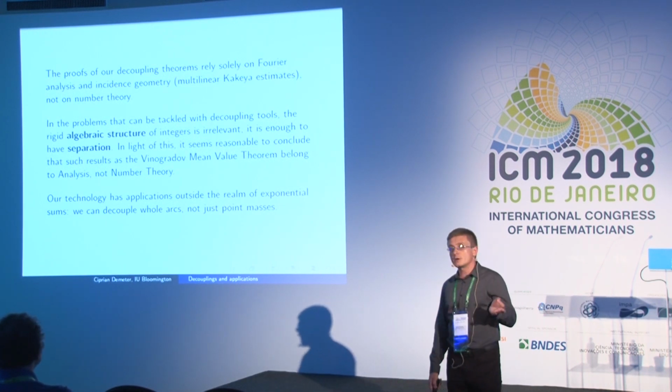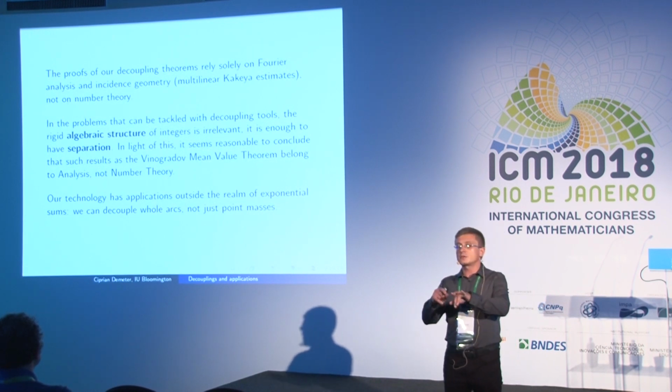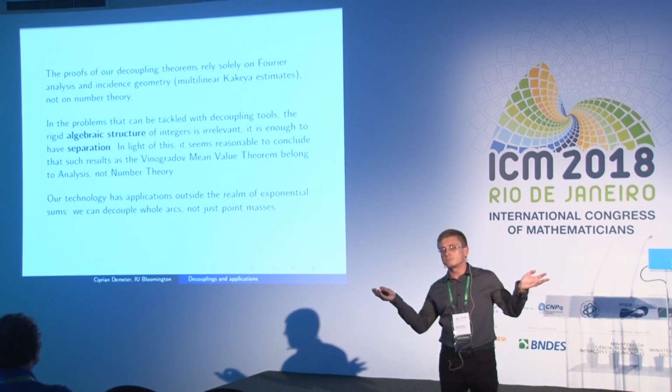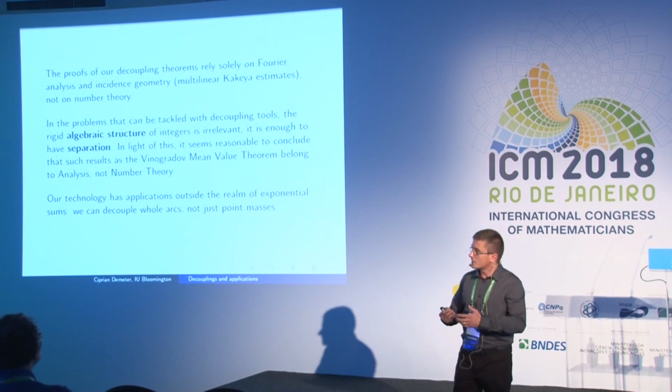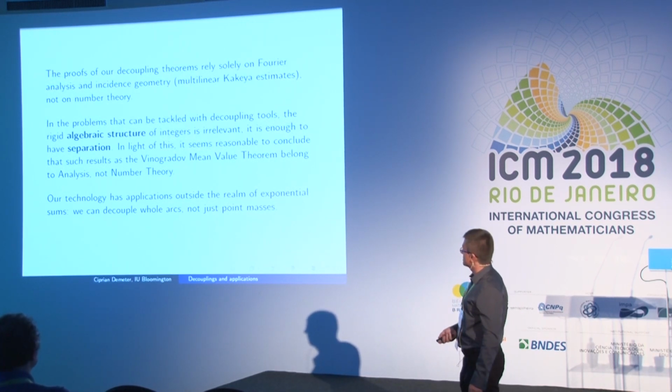The only thing that we use about the integers when we count solutions is the fact that consecutive integers are separated by at least 1 over 10,000, or you can put any number. So you have at least some separation between them, but the algebraic structure is meaningless to us.